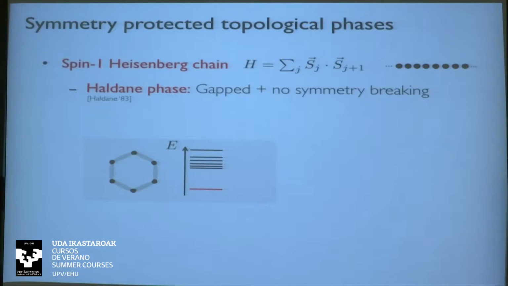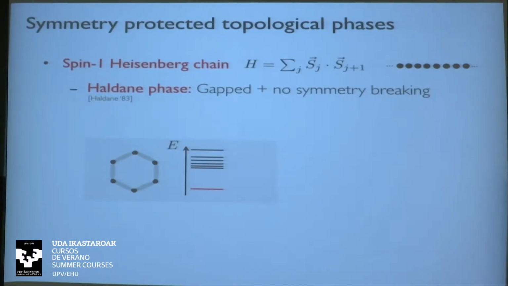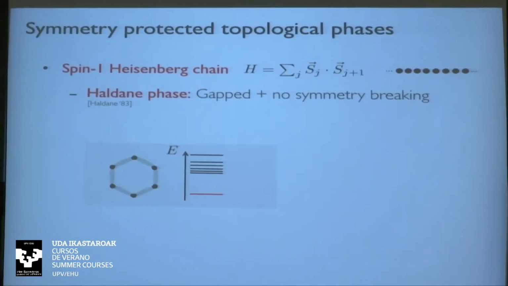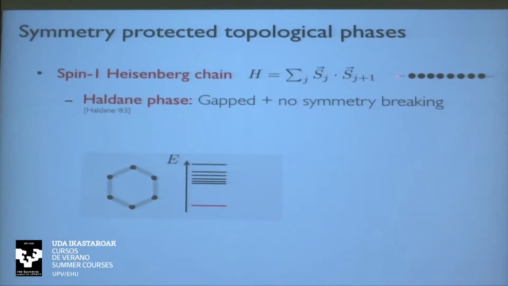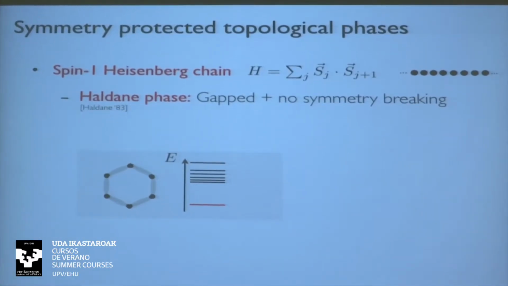So let me, for concreteness, start by looking at a concrete model. And this is a spin 1 Heisenberg chain. So it's a simple Heisenberg model, with isotropic Heisenberg interactions between neighboring spins on a one-dimensional chain. And each of these sites is a spin 1 degree of freedom.